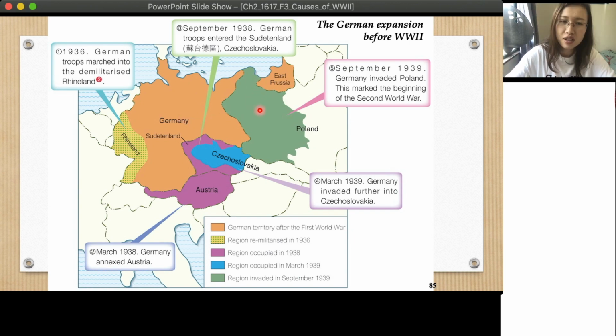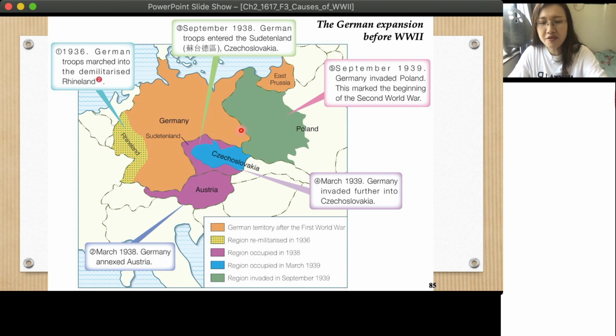But the reason why they didn't invade Poland first is that the other side of Poland is the USSR. They were afraid that the USSR, since it was under the rule of Stalin, had a military force that could be unpredictable, right? So Hitler didn't really want to take the risk of invading Poland first.